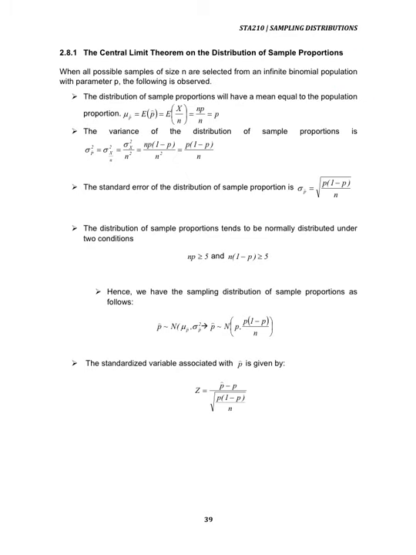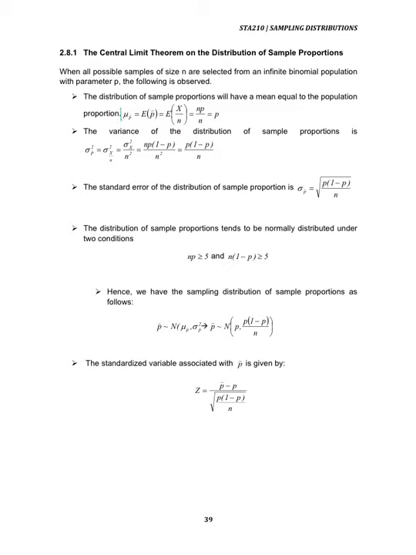Before this, in 2.7 if I'm not mistaken, we looked at the central limit theorem for the distribution of sample mean. Now we look at the central limit theorem for the distribution of sample proportion. When all possible samples of size n are selected from an infinite binomial population with parameter p, the following is observed. The distribution of sample proportion will have a mean equal to the population proportion.